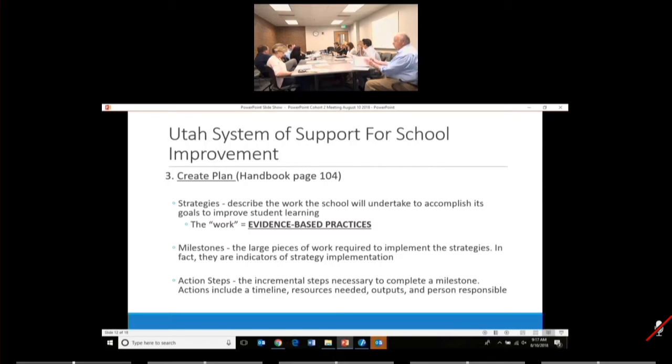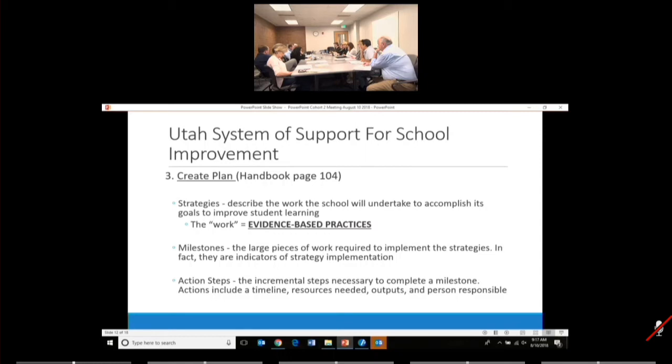You can see in that little box it says, what is an evidence-based intervention? It says, strongest: demonstrates statistically significant effect on improving student outcomes or other relevant outcomes based on strong evidence from at least one well-designed and well-implemented experimental study.